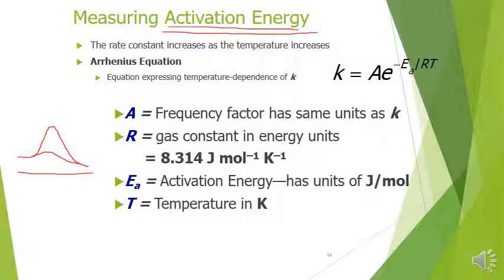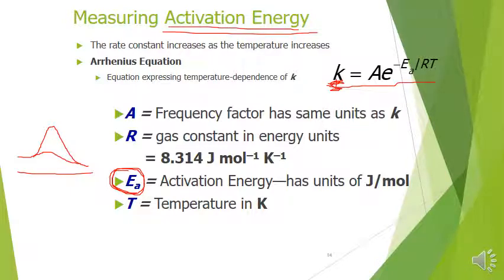And so we'll look at the rate constant. The rate constant is related to the activation energy through what we call the Arrhenius equation. I don't have the method on how this was solved, but here's the equation.